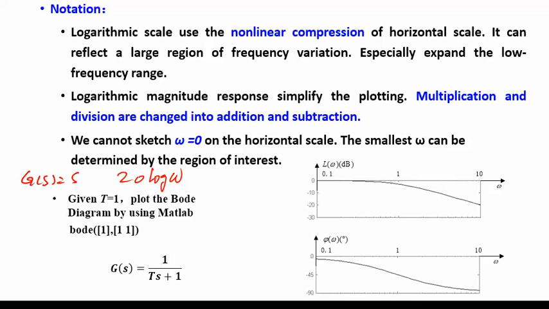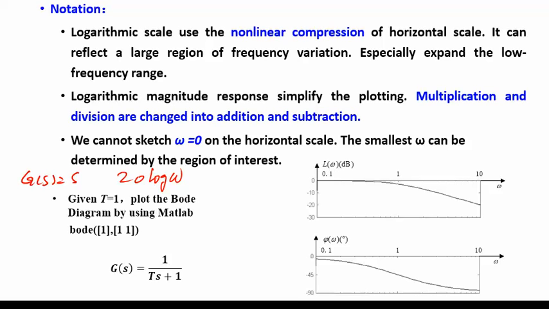And here I write omega, but it is actually log omega. This starts with 0.1. Can we start from 0? No, right? We cannot start from 0 because 0 is 10 to the minus infinity. So we start normally.